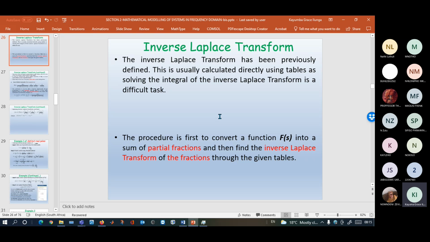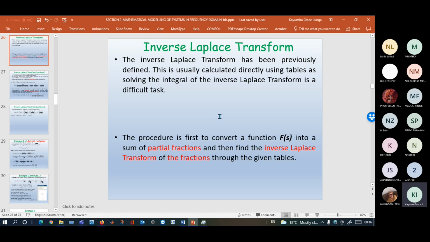That's why in the inverse Laplace transform, we need to use another method that can help us find a simple form of the Laplace transform that we can easily transform using the inverse Laplace transform.